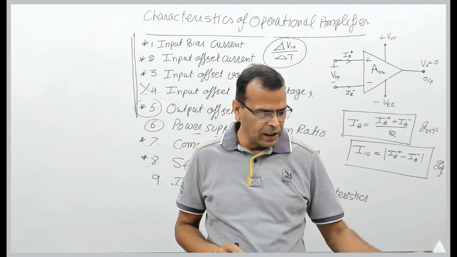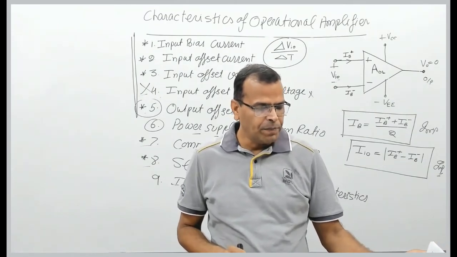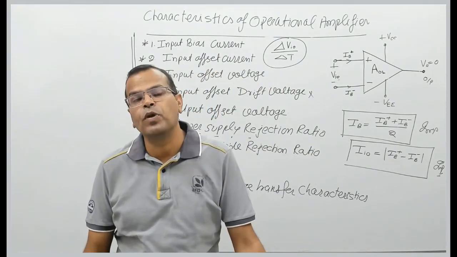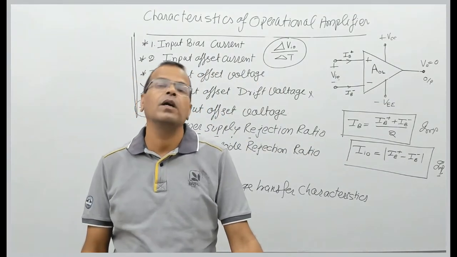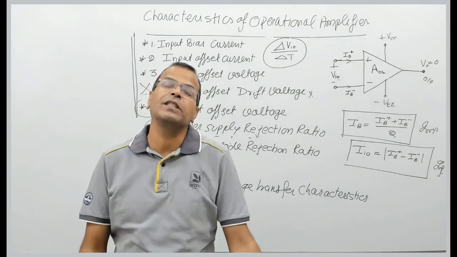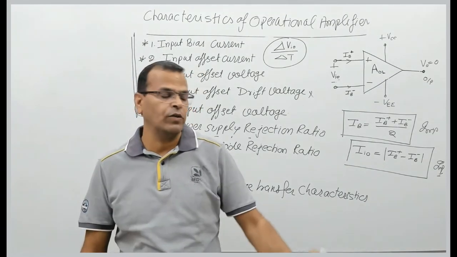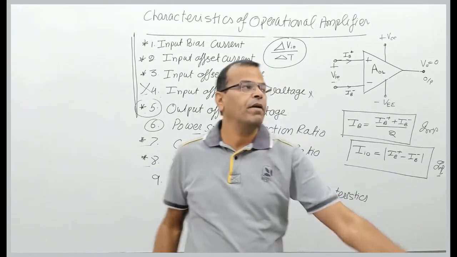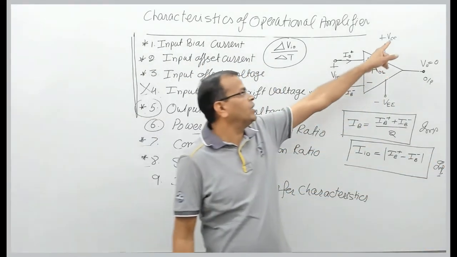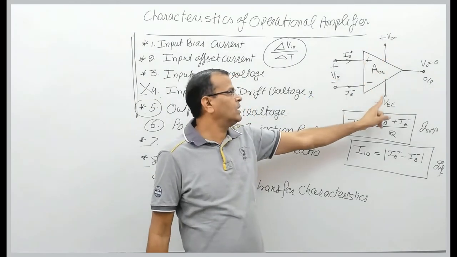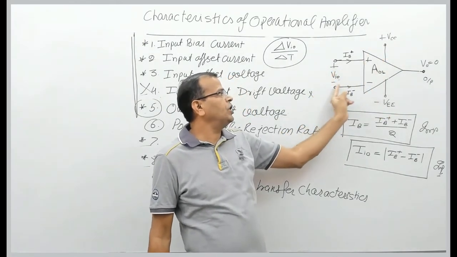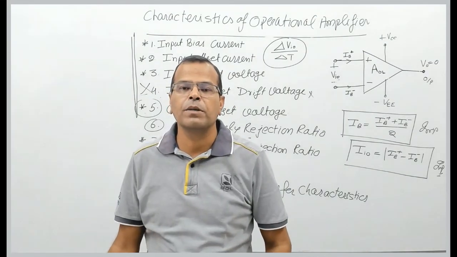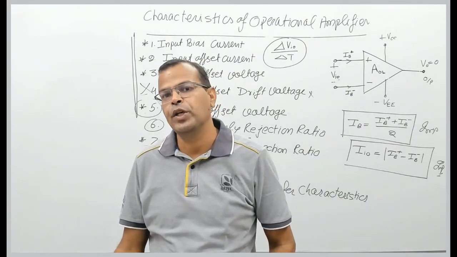Still, power supply rejection ratio is the change in input offset voltage per unit change in one of the power supplies. If I change either this supply or this supply, the change in input offset voltage is called power supply rejection ratio.